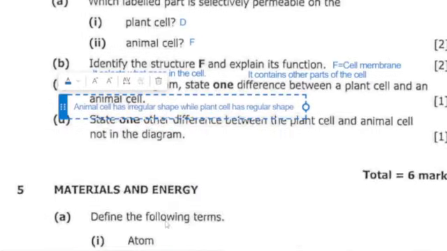So we put a full stop and go to the next point.